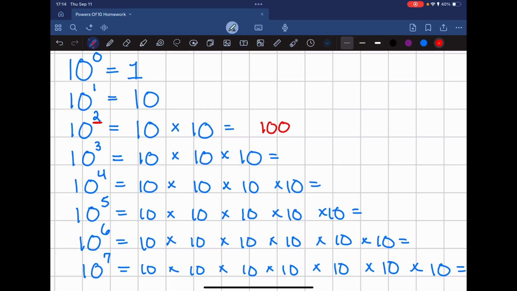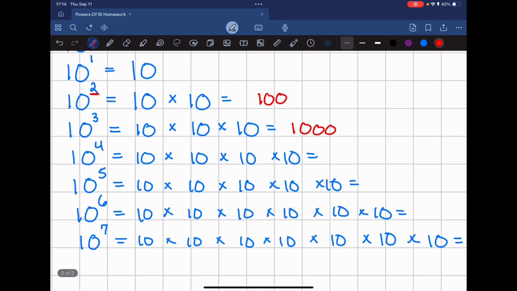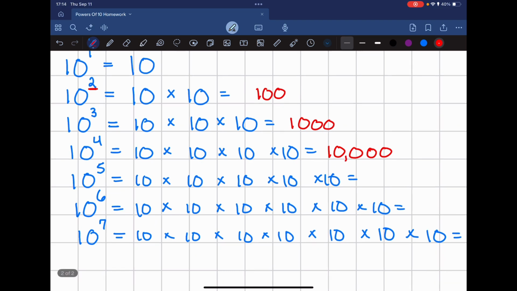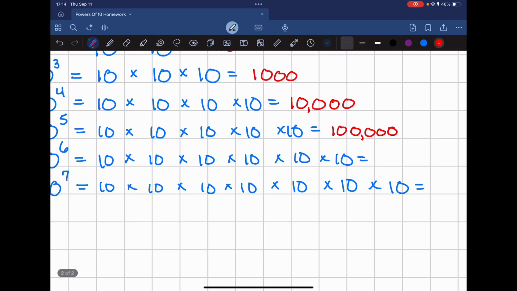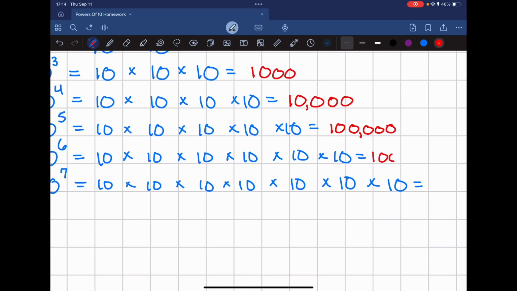So 10 to the third power, or 10 times 10 times 10, is equal to 1,000. 10 to the fourth power is 10 times 10 times 10 times 10, which is a 1 followed by 4 zeros, or 10,000. 10 to the fifth power is 1 followed by 5 zeros, or 100,000. 10 to the sixth power is 1 followed by 6 zeros, or 1 million.